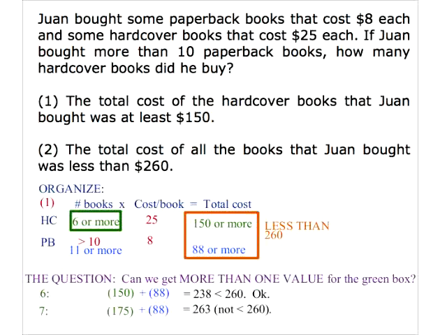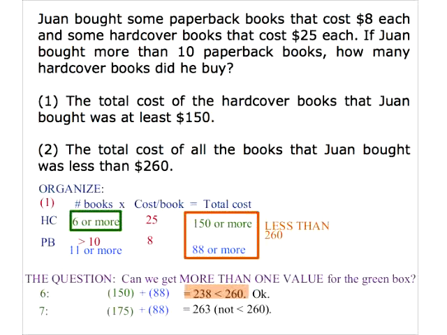Alternatively, if you don't want to do that arithmetic, you could just look at this and say, I only have $22 left in my pocket. In fact, I only have $21 left, because it has to be strictly less than 260. So instead of actually trying 7, you can just say, I don't have enough money for another hardcover.